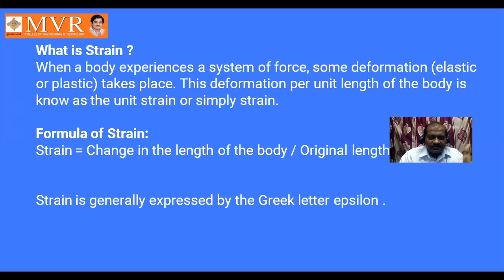So what is strain? Change in length to its original length is called strain. Strain is generally expressed by the Greek letter epsilon. Epsilon is the symbol. It is similar to the E, but a slight change is there. I will show it in the coming slides.